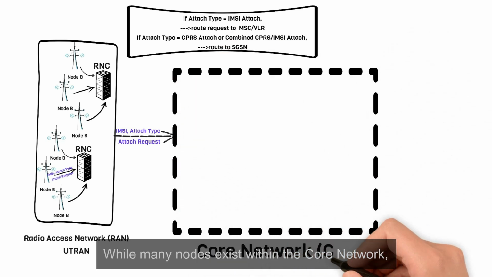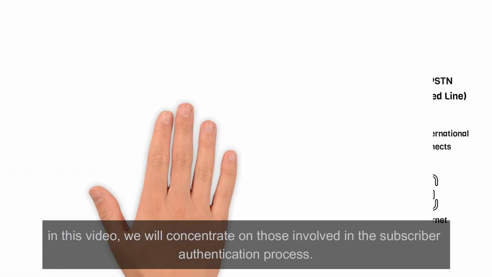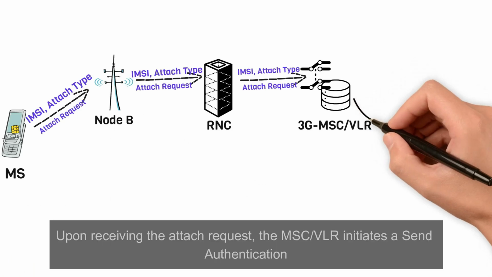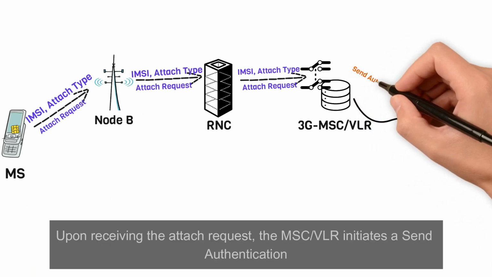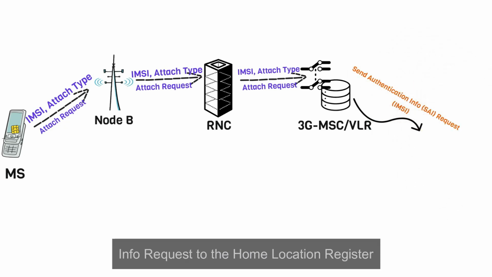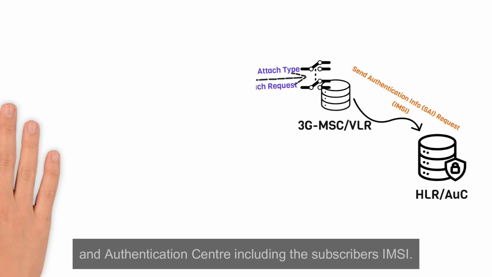While many nodes exist within the core network, in this video, we will concentrate on those involved in the subscriber authentication process. Upon receiving the attach request, the MSC/VLR initiates a send authentication info request to the home location register and authentication center, including the subscriber's IMSI.